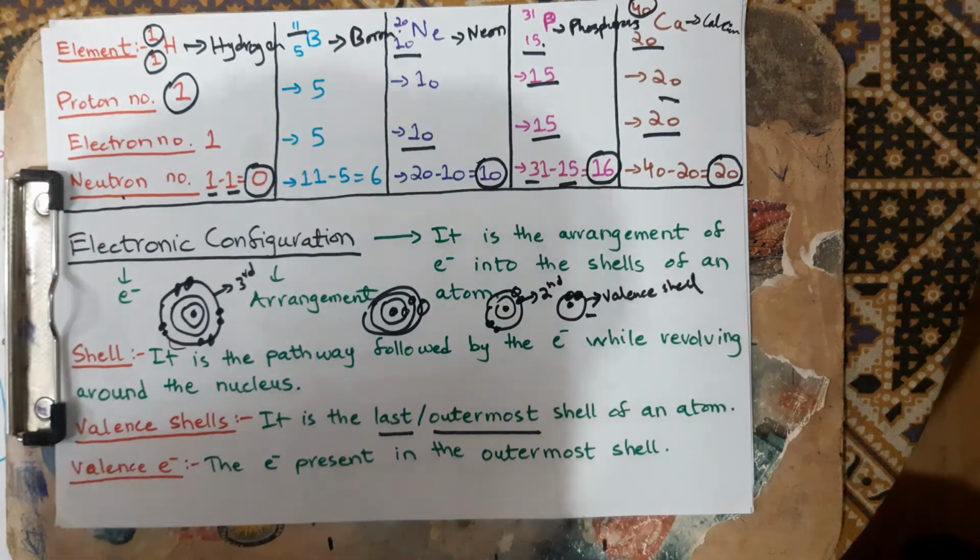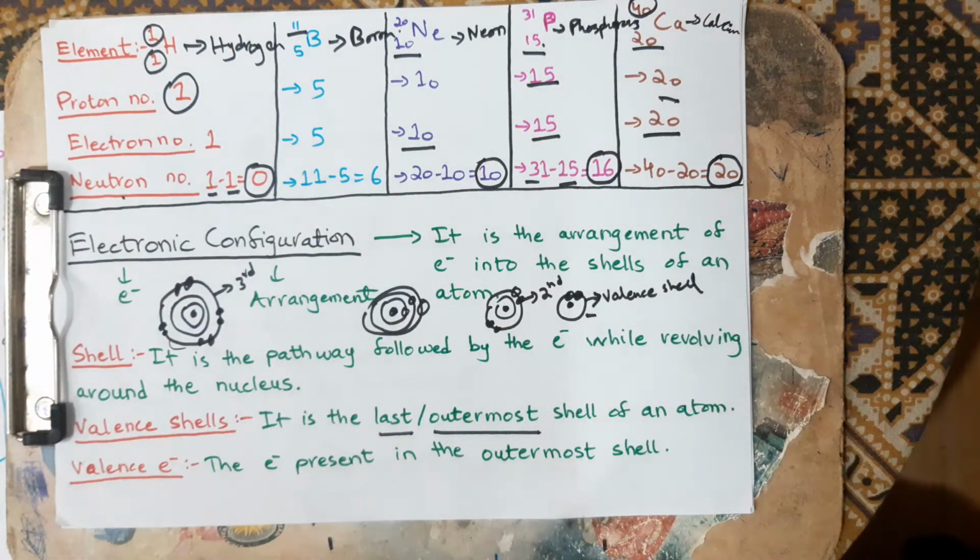These are the valence electrons which are present in the valence shells of the atom. Only those electrons which are present in the valence shell of the atom will be known as valence electrons. Electrons present in any other shell will not be known as valence electrons.